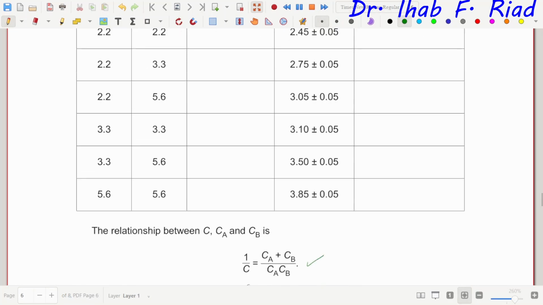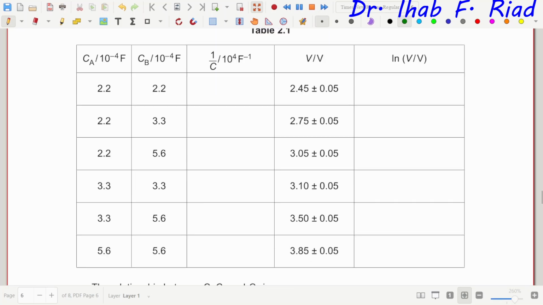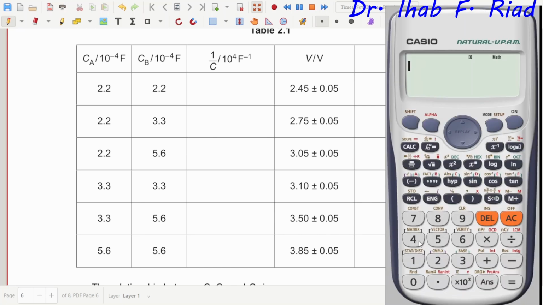So CA plus CB is going to be 4.4 divided by 2.2 squared, which is 0.9090.